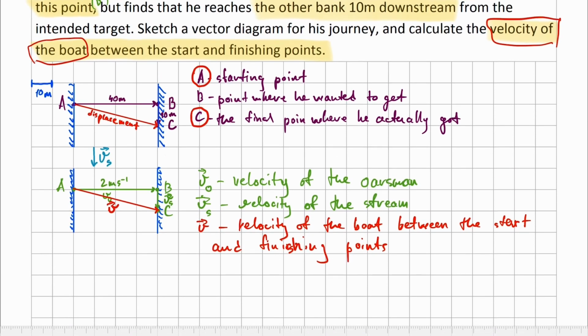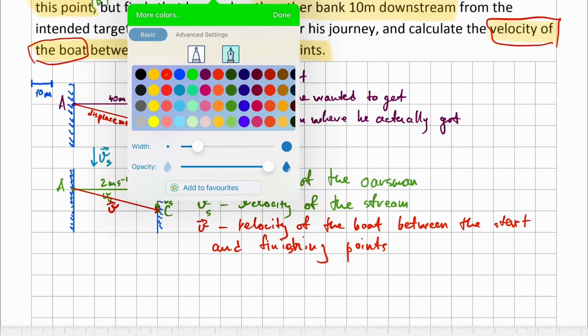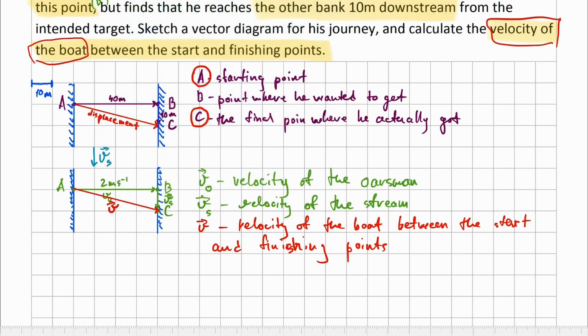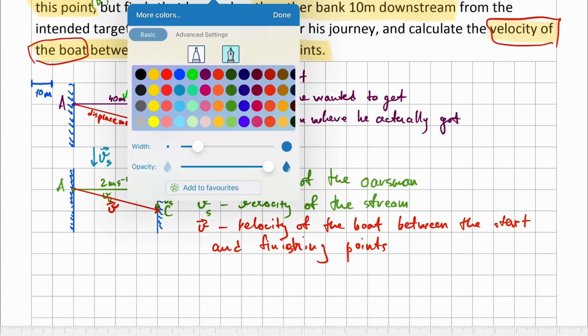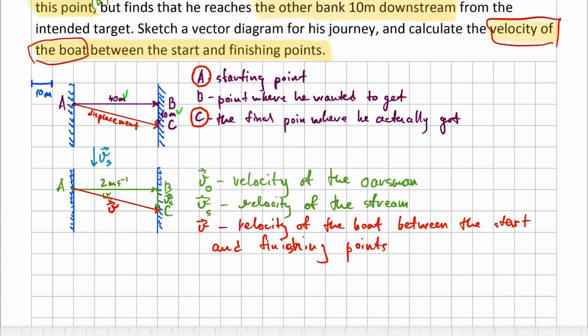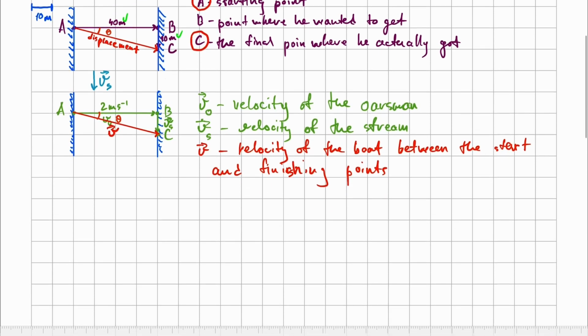Now that we have the diagrams and we know what we need to find, we need to understand what we have and what we can do with it. So we have this and we have this. But also, most importantly, we have a certain angle. This angle. And we'll call it theta. Okay, so we know this angle, so let's continue with that.